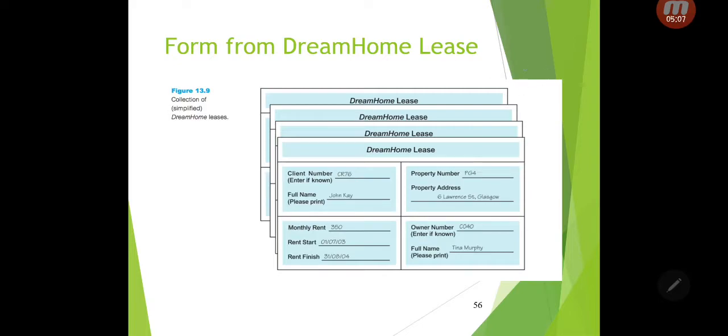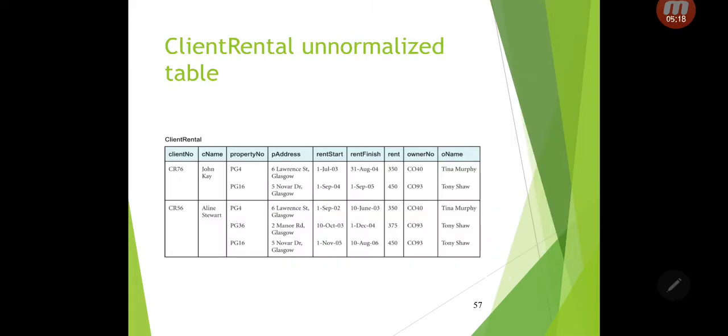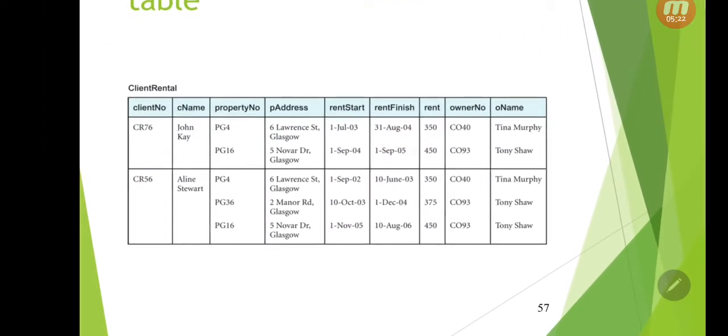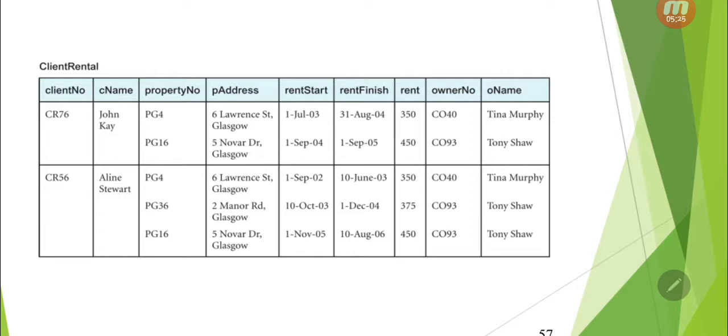We get it from a few forms from the Dream Home case study. So we get the data from the form, this is the list form, and then you transform all the form details into the table format.